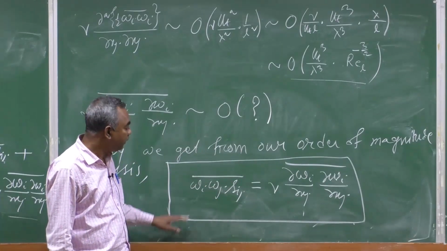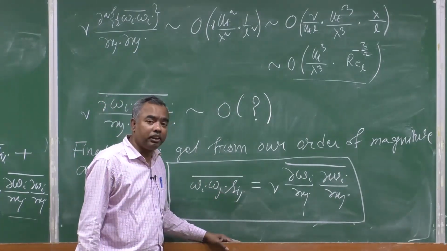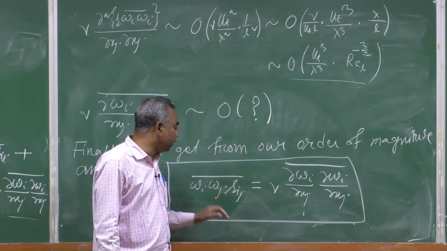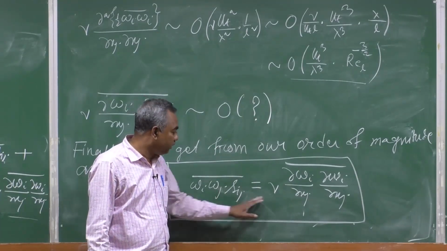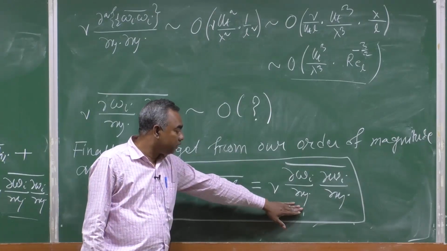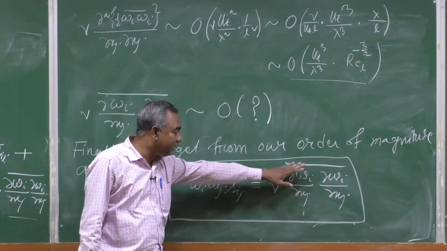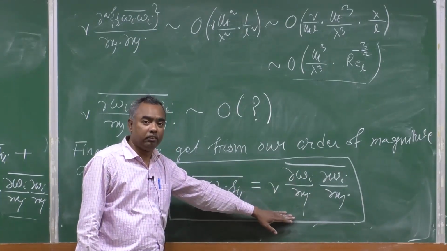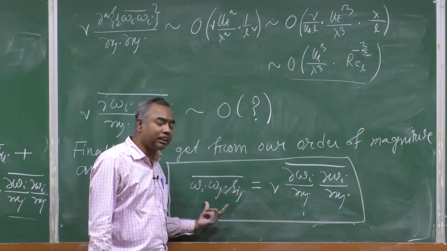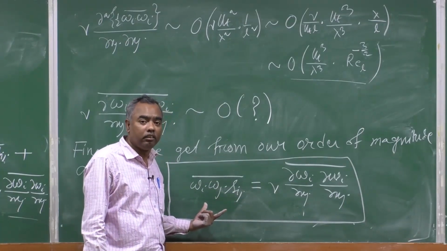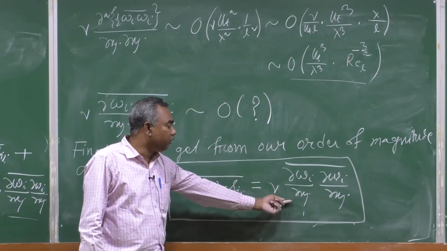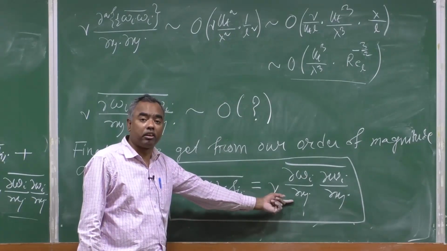Okay. And the vortex stretching term will try to generate vorticity in such a fashion that this dissipation term allows it. Okay. The vortex stretching term cannot generate vorticity the way it likes, because that will be balanced by the dissipation term.